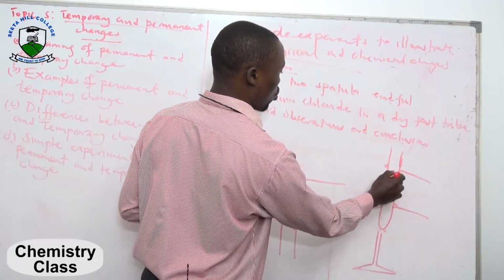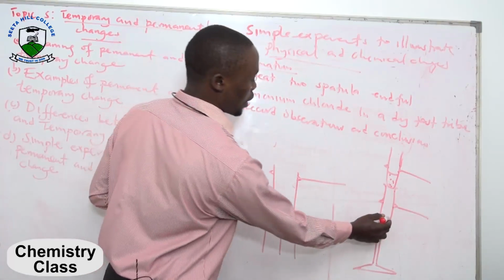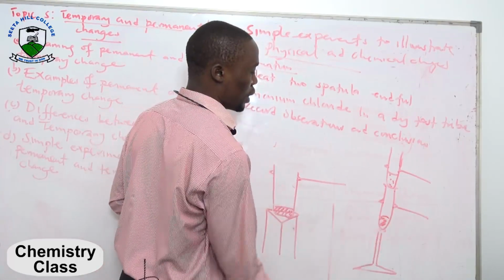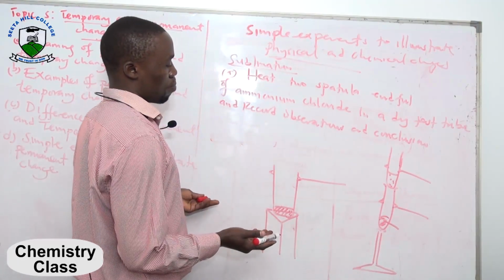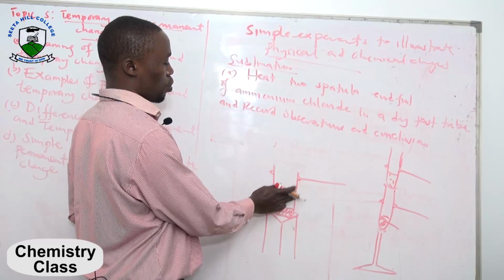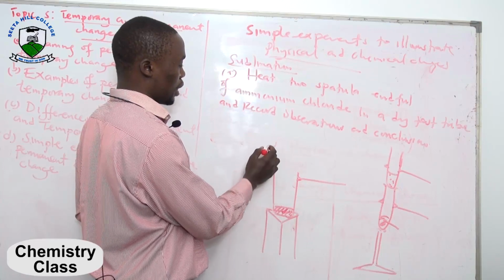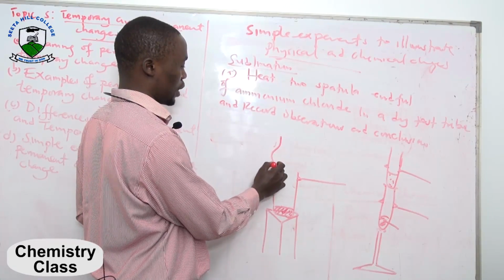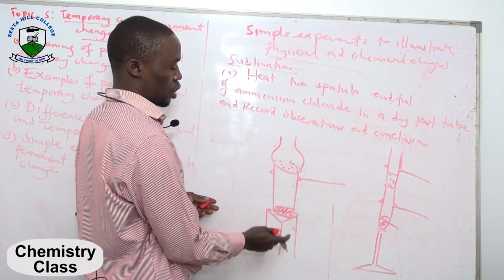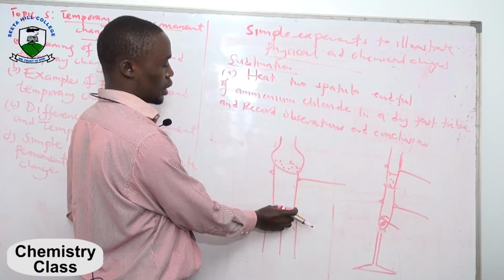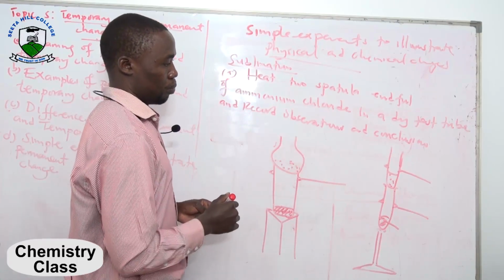Here you put cold water. Then you heat the solid here, ammonium chloride. If you use a beaker, you put it on a retort stand with the solid, then get a round bottomed flask and put in cold water, so that when you heat, the subliming substance cools on the cold surface.